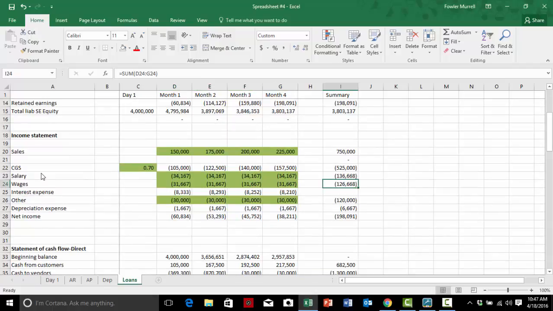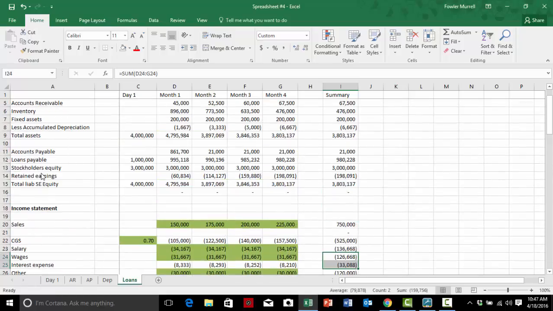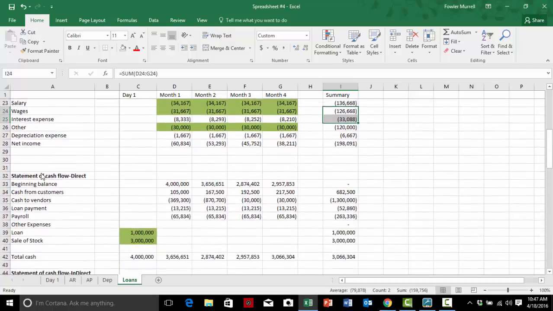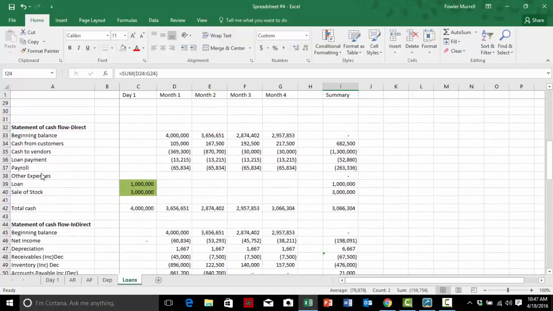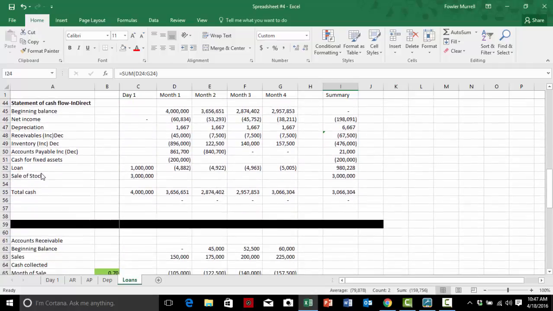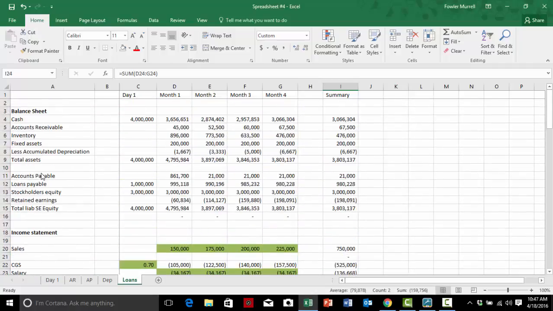I'm going to drag that down. You know we're all right because our income is equal to our retained earnings. 3,066,304, 3,066,304, 3,066,304. So now we have financial statements that represent loans payable, and loans payable being paid off.